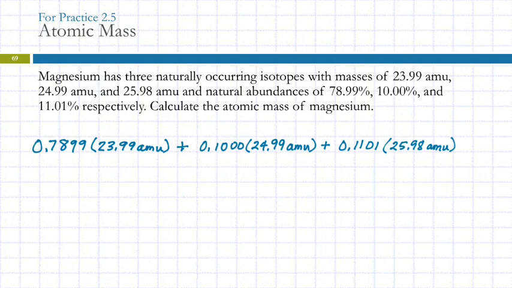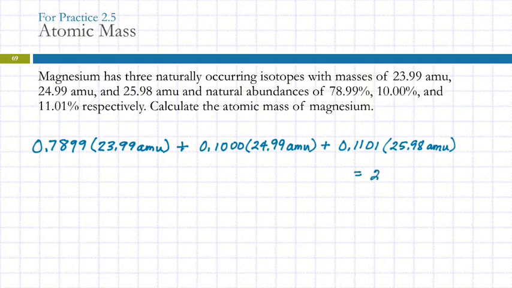And then I can just do this all on my calculator. 0.7899 times 23.99 plus 0.1000 times 24.99 plus 0.1101 times 25.98 equals.